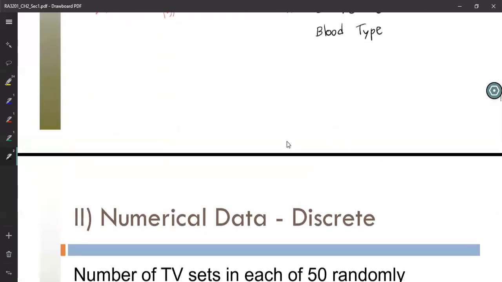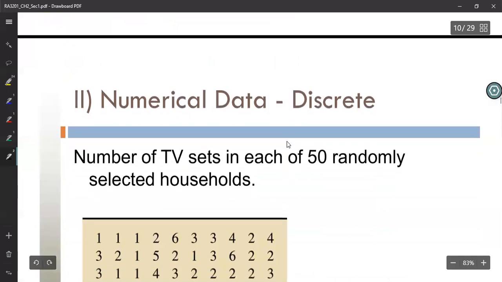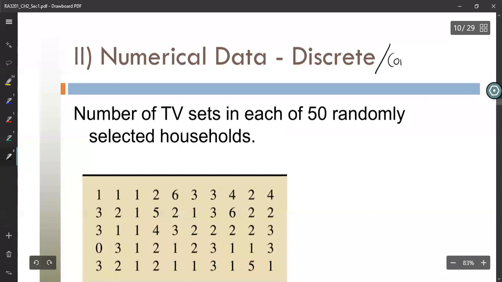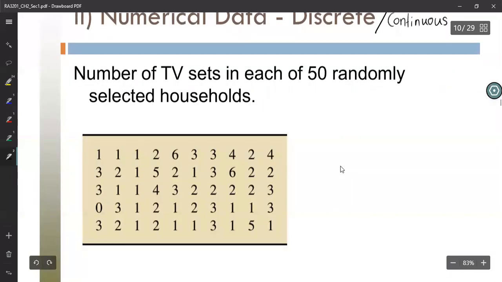Okay. Now let's move on to the graphical summaries that you can use for numerical data. So let's do both discrete and continuous together, because it's the same thing, with slight differences. In this example, you have the number of TV sets in each of 50 randomly selected households.